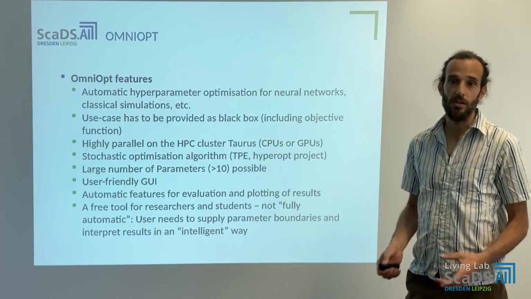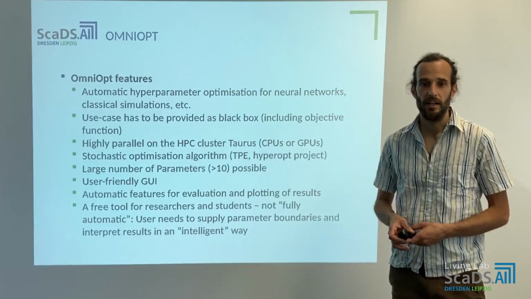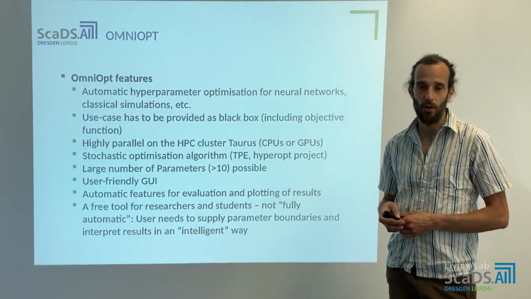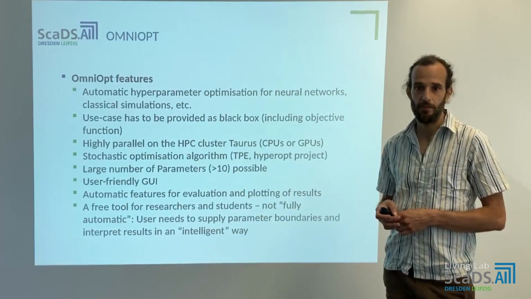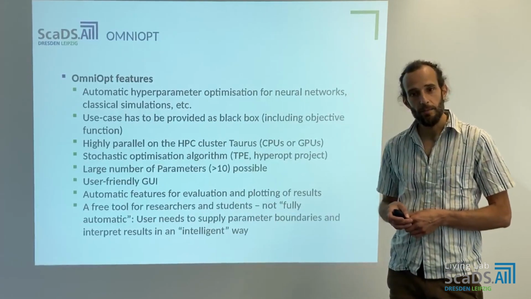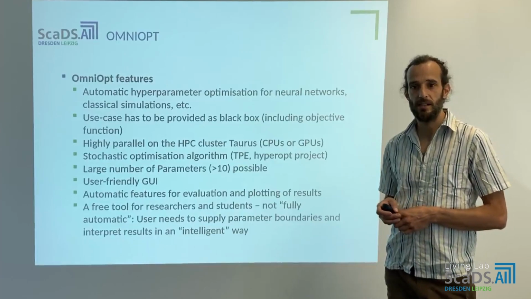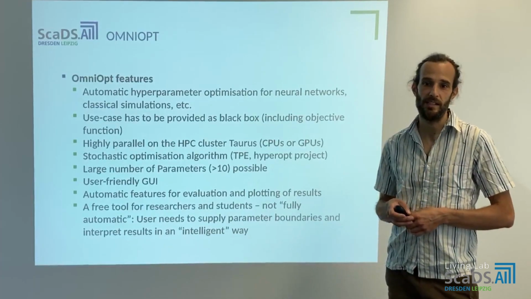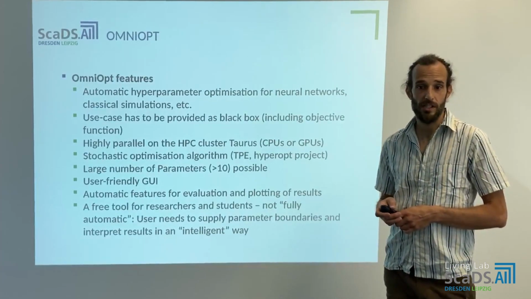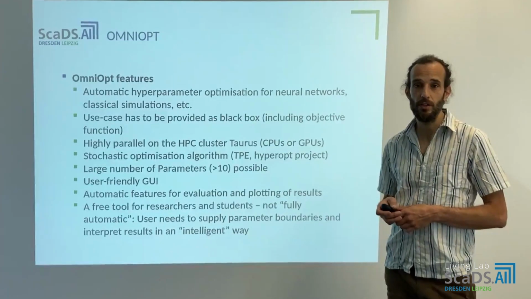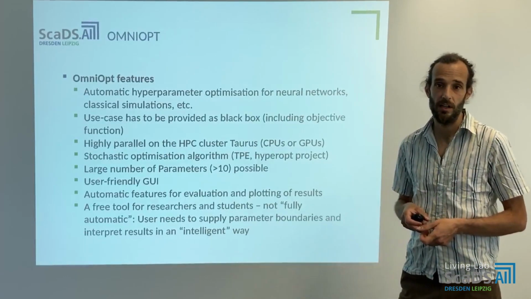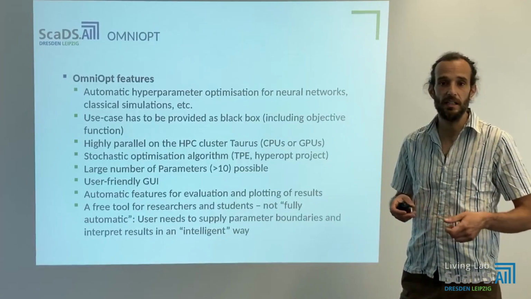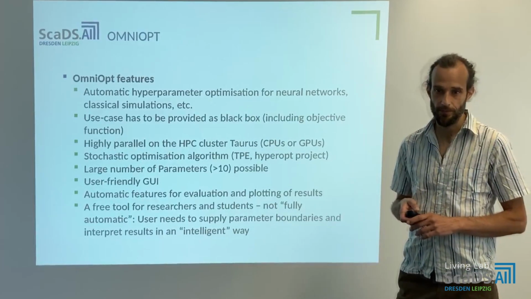The user also has to deliver his objective function, according to which the problem has to be minimized. It works highly parallel on the HPC cluster Taurus at TU Dresden, which has a high number of CPUs or GPUs. It's easy to get several hundreds of CPUs and easily 50 GPUs.